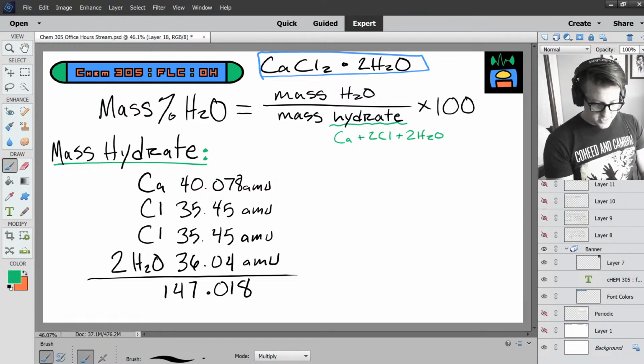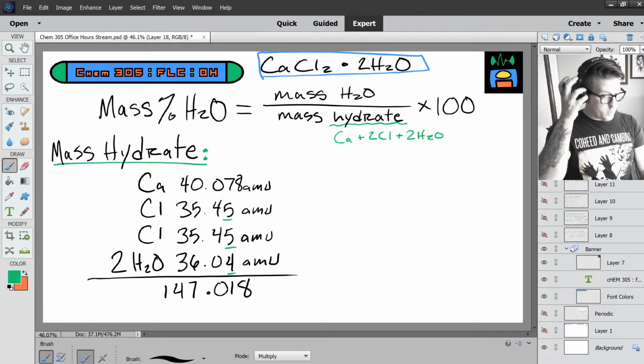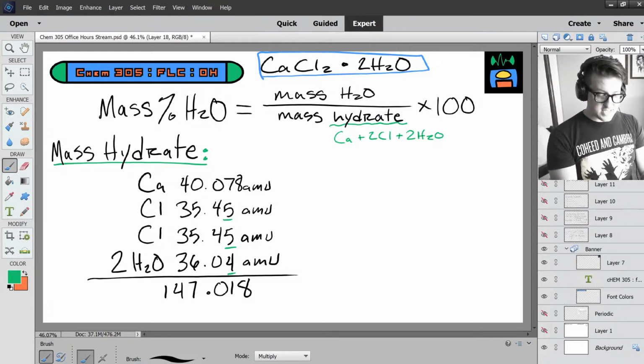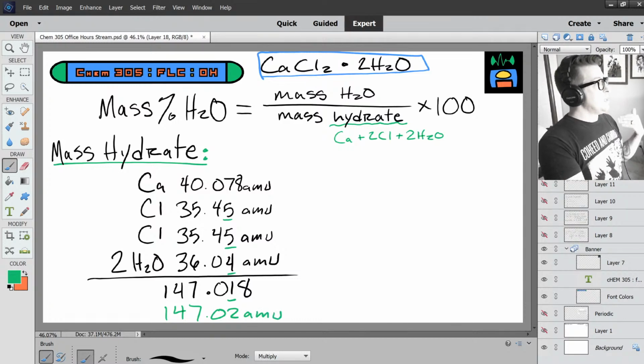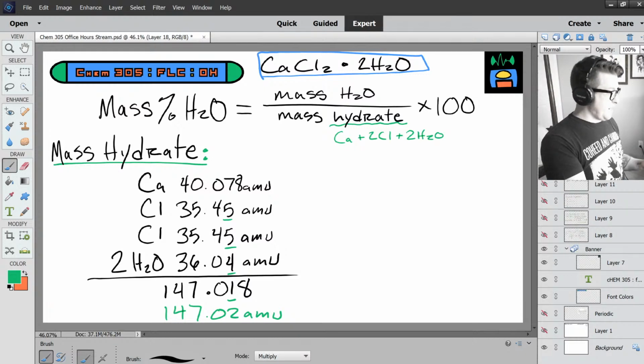But sig figs wise, chlorine and our mass of all our water molecules have their last significant digit in the second decimal place. So that is what we round to. So 147.02 AMU is the mass of our hydrate.